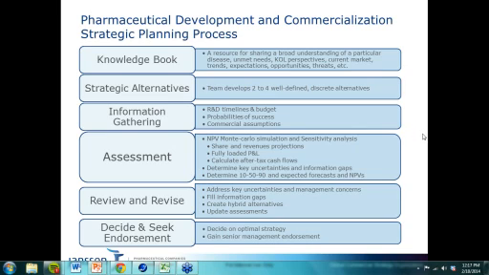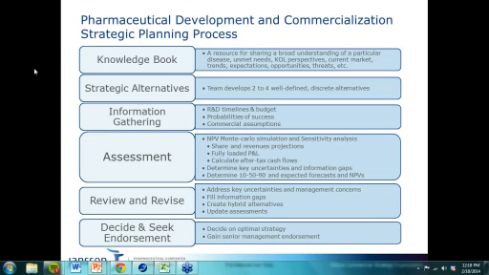Once we have those well-defined alternatives, we then initiate information gathering about those alternatives to include timelines and budgets for developing those various strategies, what are the probabilities of success for each strategy, and a whole variety of commercial assumptions, such as who are the competitors, what are their profiles, what price could we charge, and how big is the market, all sorts of important commercial assumptions.